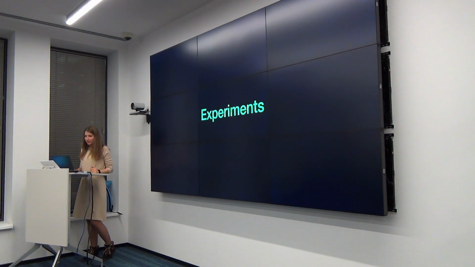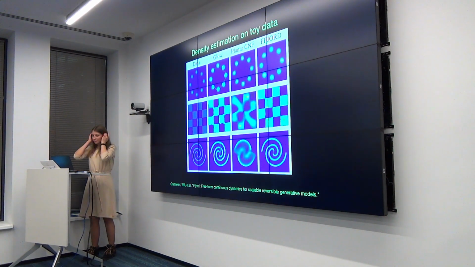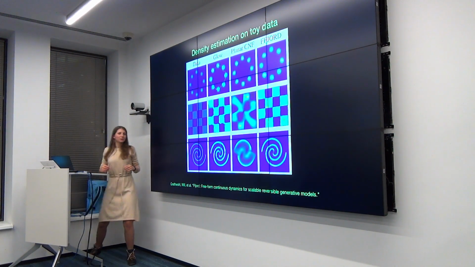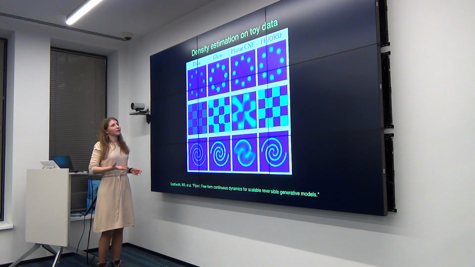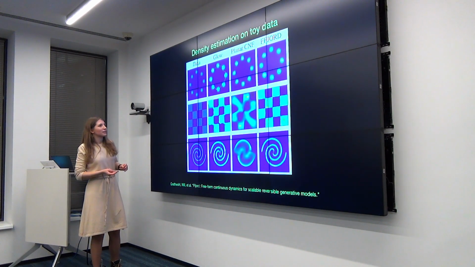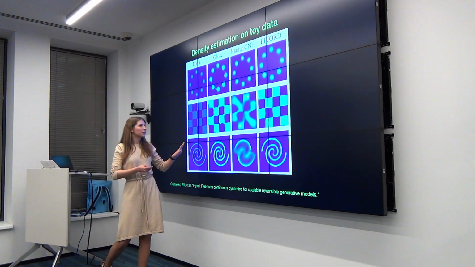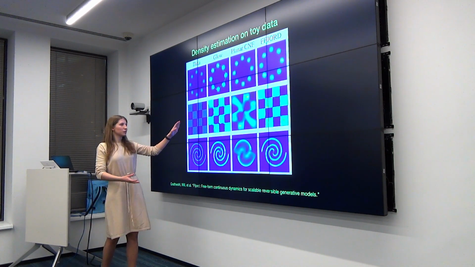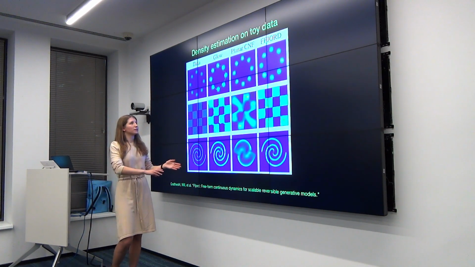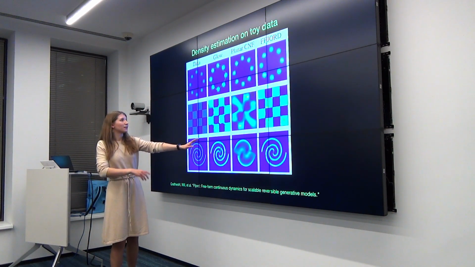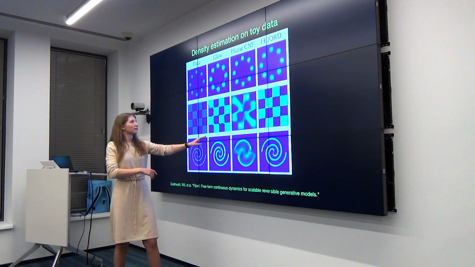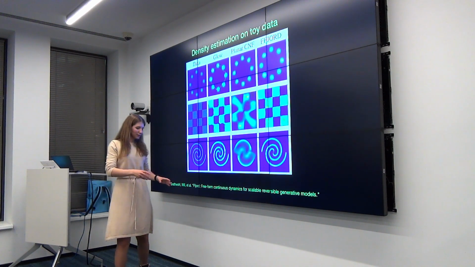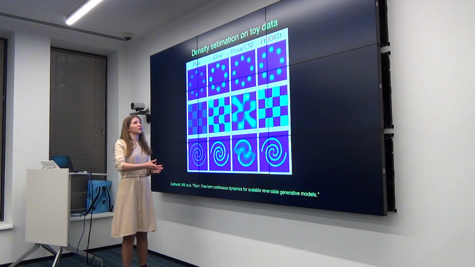Okay, let's look at their experiments. The first is an experiment on two-dimensional toy data, and they compare with other approaches which also use flows. We use normalizing flow, and this is continuous normalizing flow, but it is planar, and it's a very poor continuous normalizing flow.